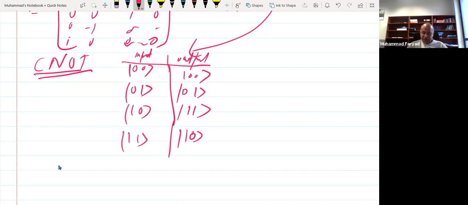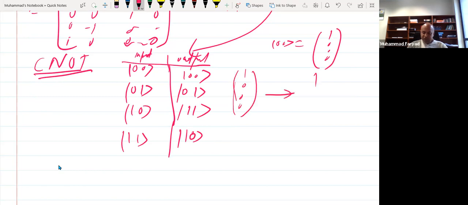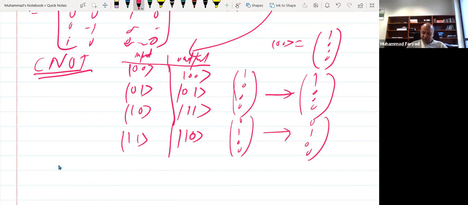Now this 0, 0, let me write it again, is 1, 0, 0, 0. So I want a matrix that converts my 1, 0, 0, 0 to 1, 0, 0, 0. And this 0, 1 is 0, 1, 0, 0. So the same matrix should convert this 0, 1, 0, 0 to itself. And this 1, 0 is 0, 0, 1, 0.